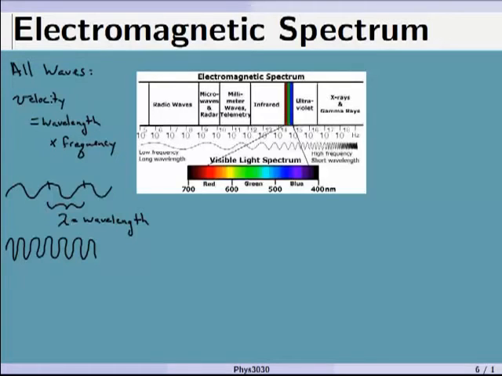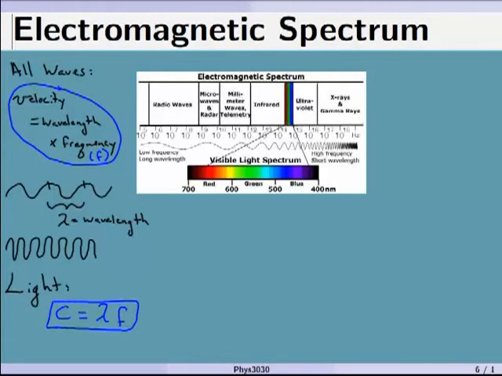Now, for light, it's the same equation as up here, but since we know we have a special velocity called c, c equals lambda times f. The symbol for frequency is f. So this relationship is a great one.